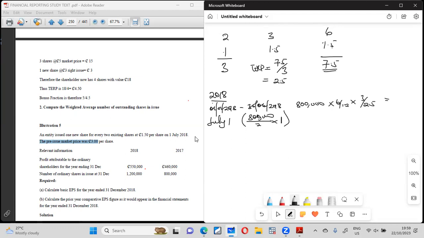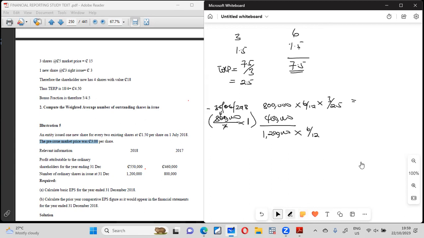So what would that be? 400,000. Then we multiply that by 6 over 12. So how much do we have in all? The last aspect is 600,000.